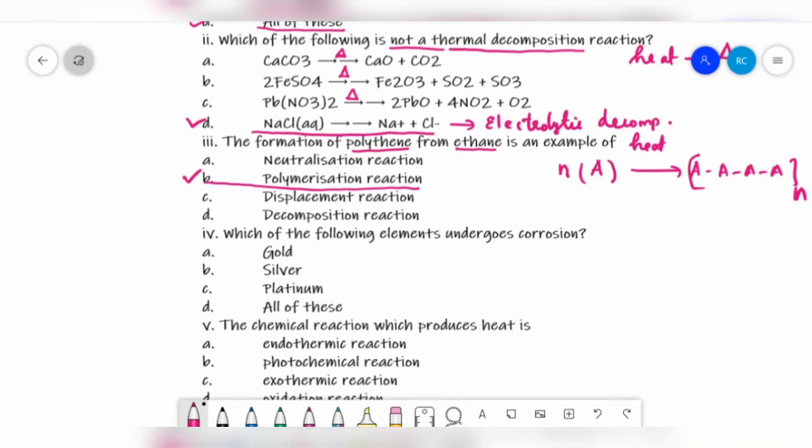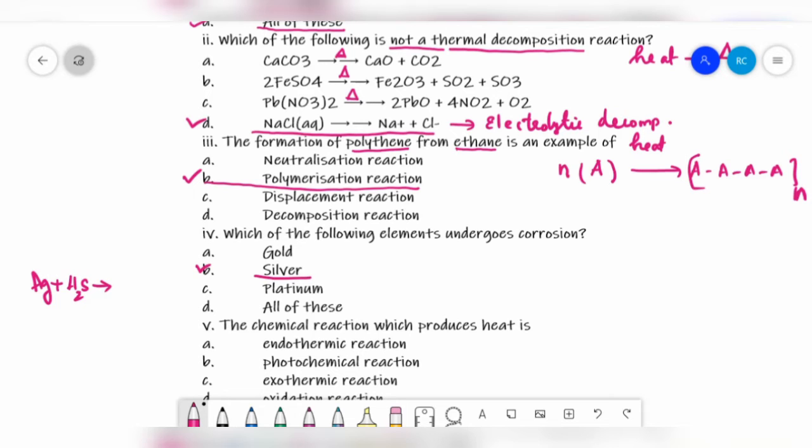But after some time, maybe 6 months or 10 months, it undergoes corrosion. Silver, formula Ag, reacts with the hydrogen sulfide in the atmosphere and forms silver sulfide. So from these examples, the element which undergoes corrosion is silver. Platinum does not undergo any corrosion.